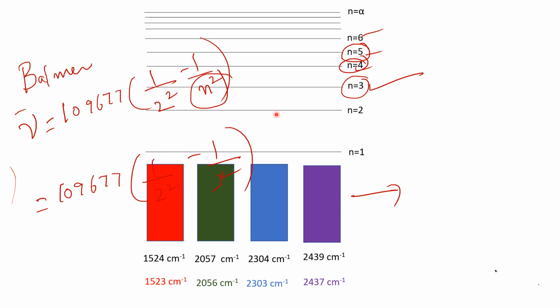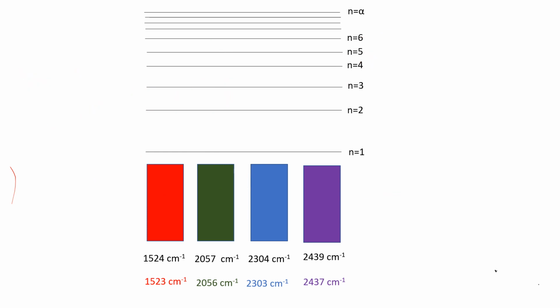They are, we have the Lyman series, which results from the electronic transitions from a higher orbit, say the second orbit to the first orbit, or third orbit to the first orbit, or fourth orbit to the first orbit.